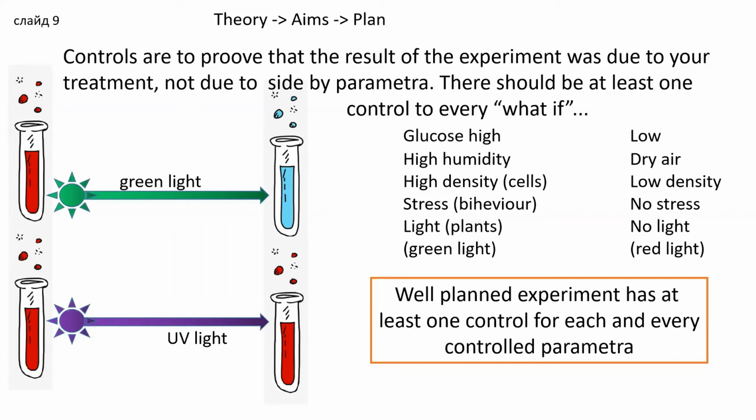If you cannot really specify all the parameters, and you cannot really tell which one is controlled and which one is statistically independent, and which one is just something that came from Mars, then probably you have to come back and change your experiment layout or change the aim of the experiment, because sometimes it appears that you just cannot solve the problem because you cannot control all the parameters.